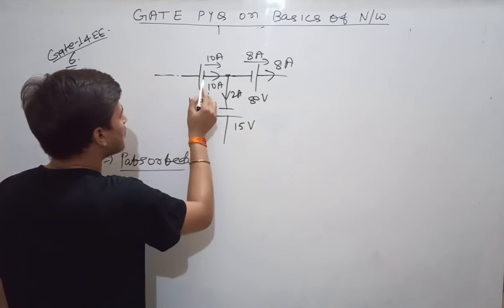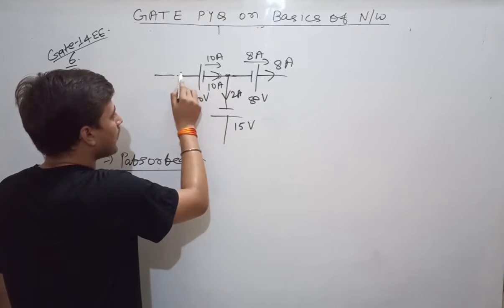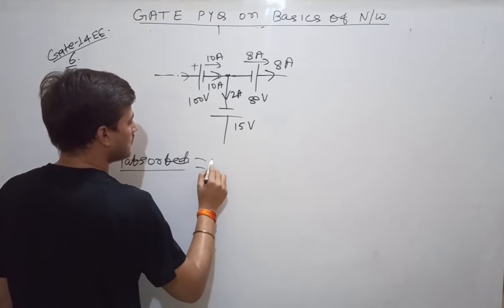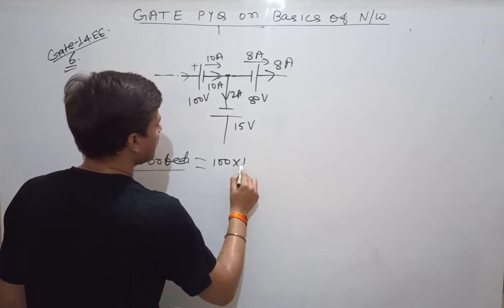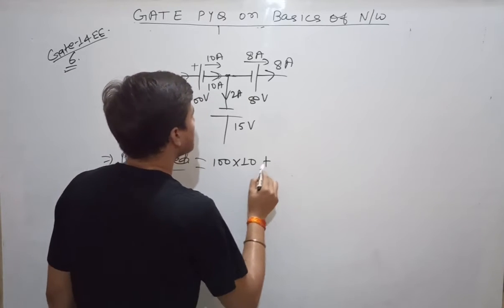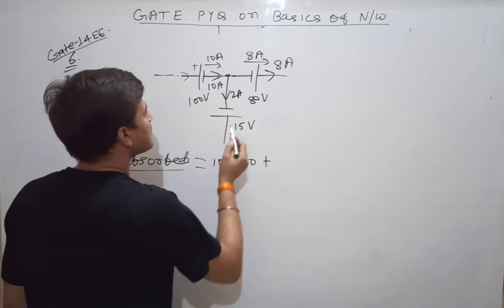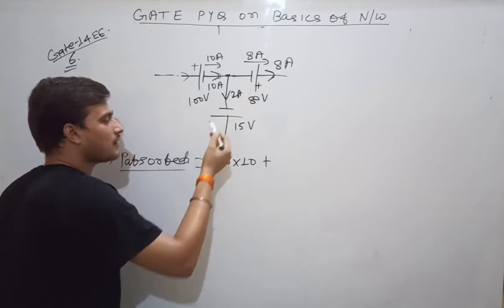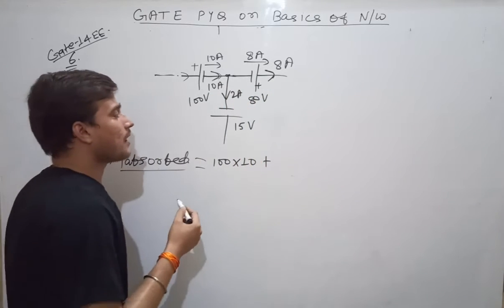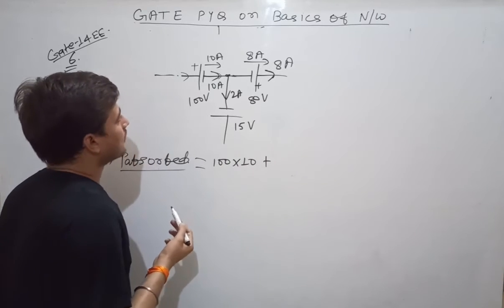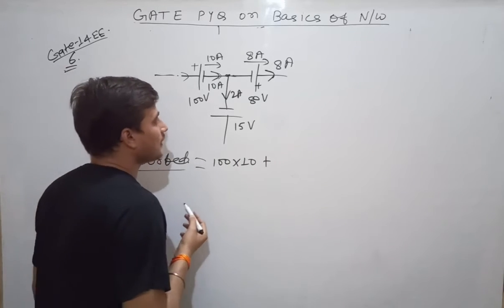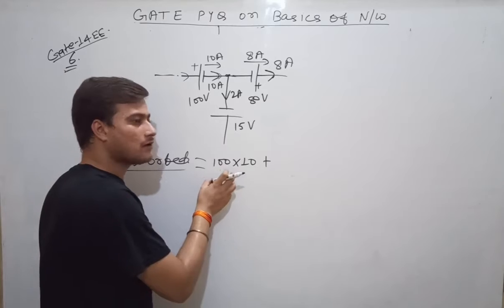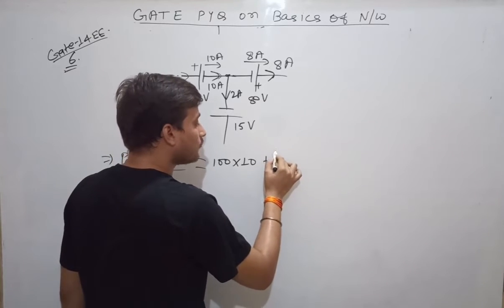Come to the first one. In the first battery, current is entering the positive terminal, that means power is being absorbed. Power absorbed means 100 volt into current 10 ampere, plus, second case, come to this battery. Here you see that current is leaving the positive terminal of the battery, that means power is being delivered by the battery. If you are calculating power absorbed, then power delivered will be taken as negative.